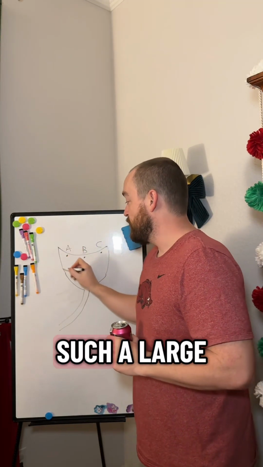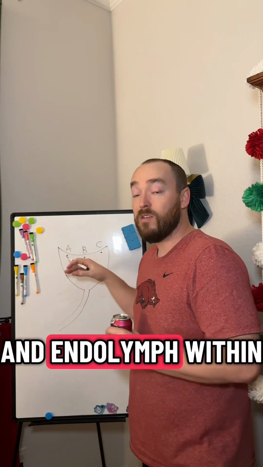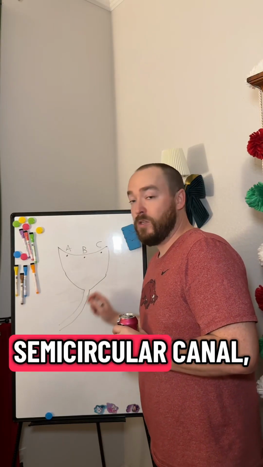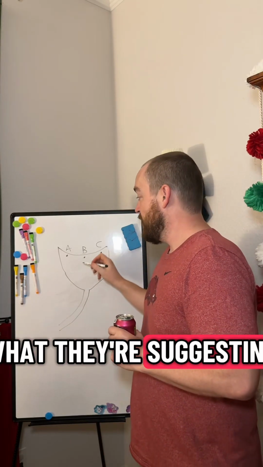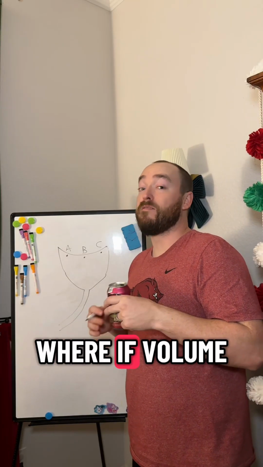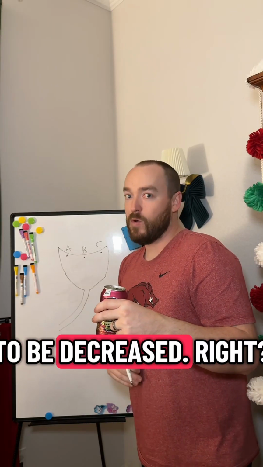Because you have such a large volume of area and endolymph within the ampulla compared to the semicircular canal, what they're suggesting is, and we know that pressure and volume have an inverse relationship, where if volume is large, then pressure is going to be decreased, right?